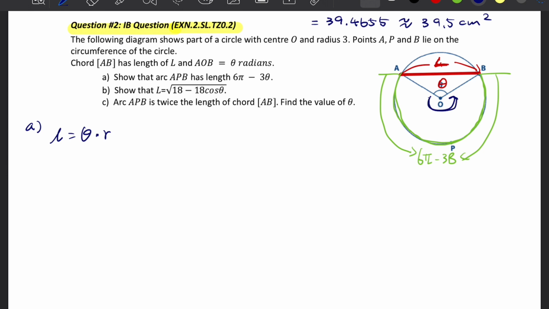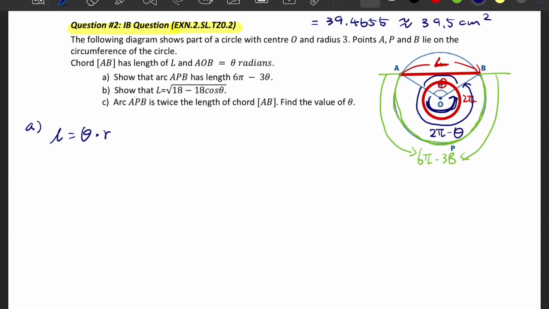Since the full revolution of the circle is 2 pi, let's draw here. The full revolution of the circle is 2 pi, then the angle from here to here is the same as 2 pi minus theta, which is this part.